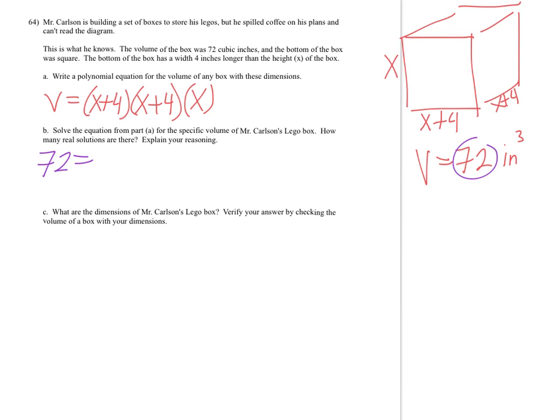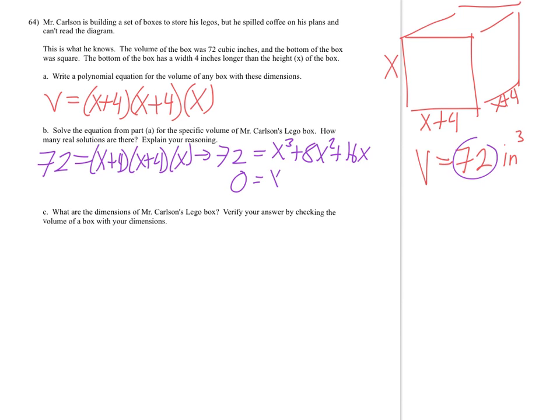72 is equal to x plus 4 times x plus 4 times x. So in other words, 72 is equal to x cubed plus 8x squared plus 16x, and 0 is equal to x cubed plus 8x squared plus 16x minus 72.